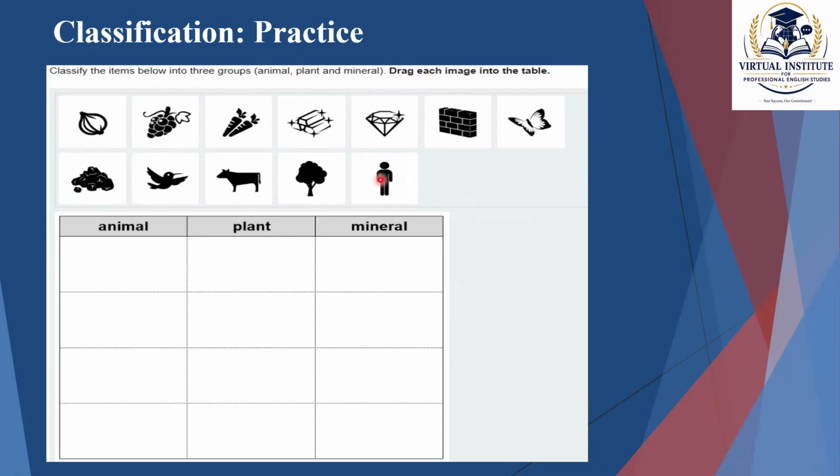Okay, what about this one, Atika? Animal. Yes, so human beings are animals, right? We belong to the category of animals.